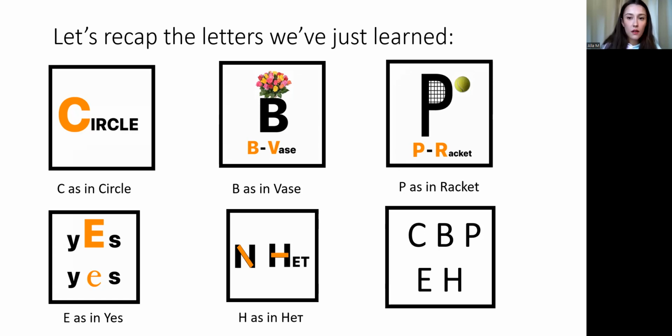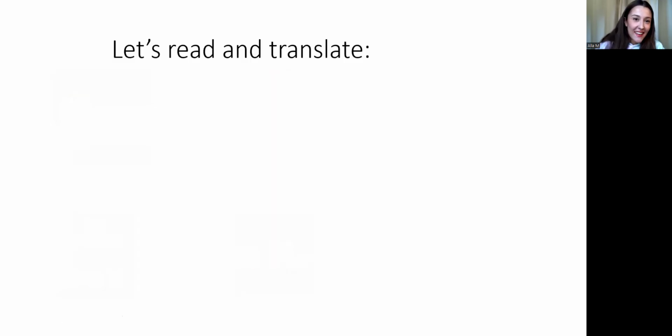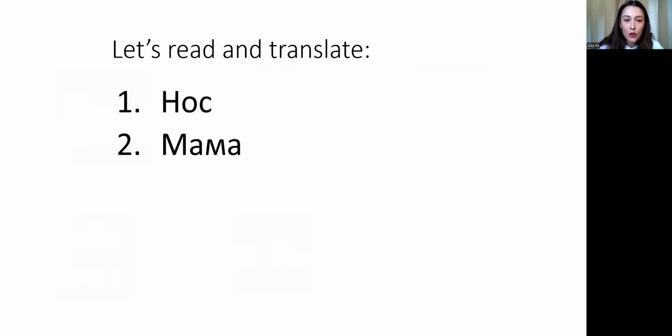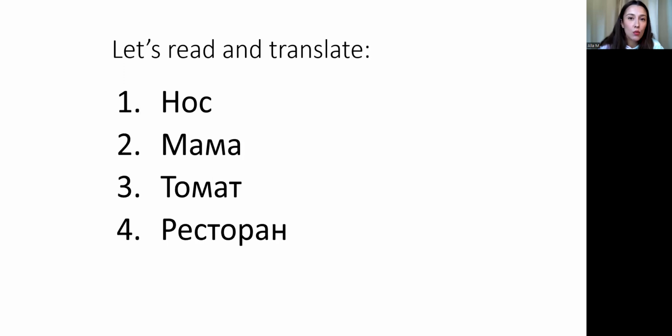S, V, R, Е, N. Good. And now we can read and translate. I'm positive you can translate these words as well. So there is a reason I've picked the following words.